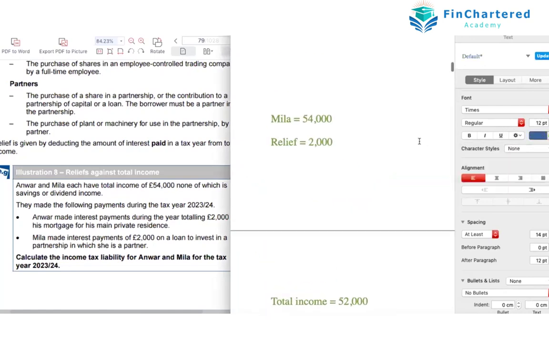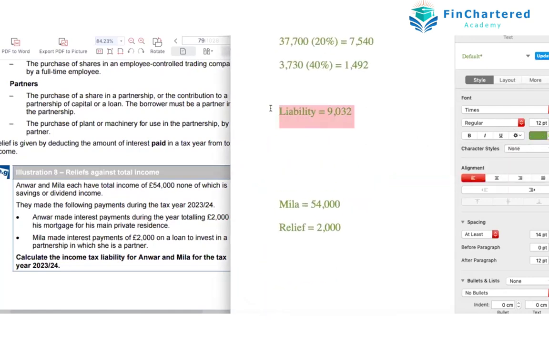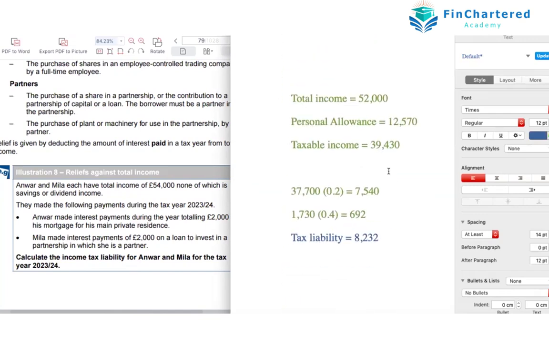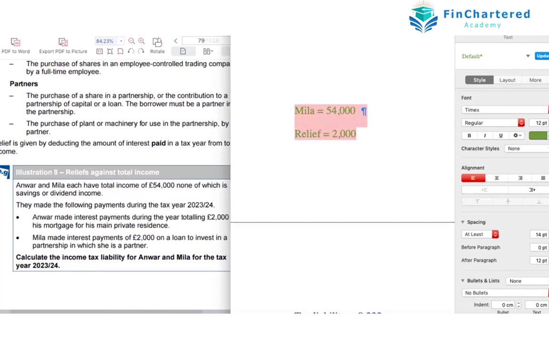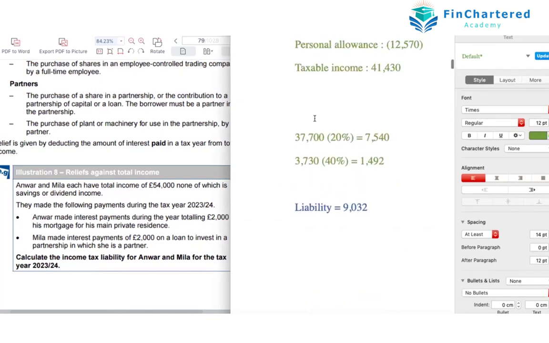So as you can see, Mila's tax liability is 8,232 versus Anwar's tax liability of 9,032. Even though they're earning the same amount and paying the same amount of interest, Anwar has a higher tax liability compared to Mila. So these are all ways of bringing down your tax liability. Obviously, this is not illegal, right? This is an example of tax avoidance.